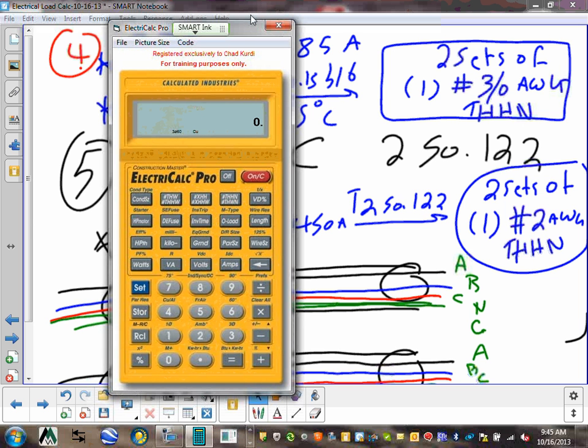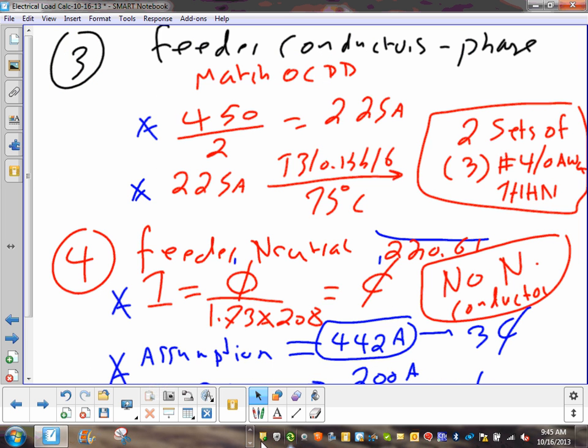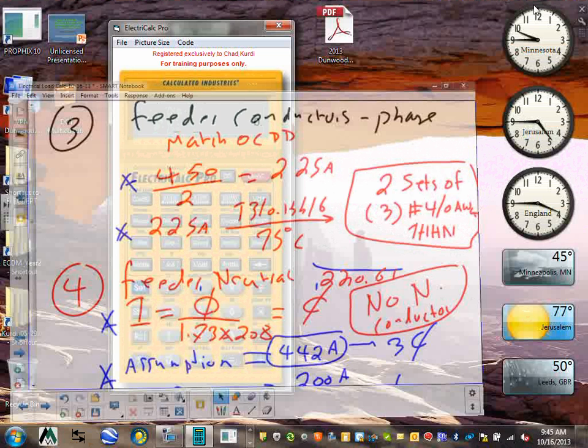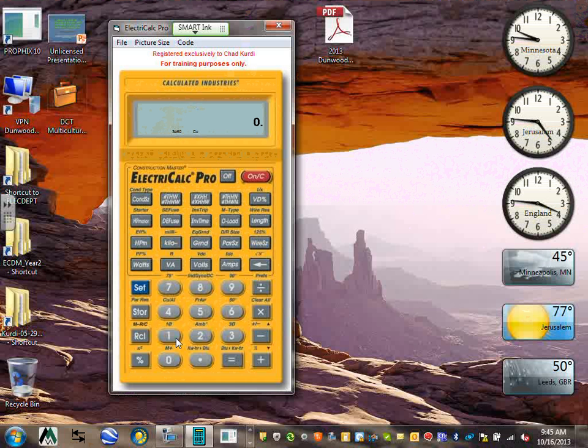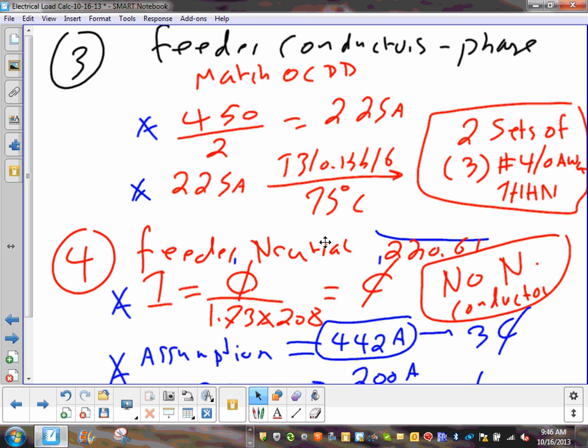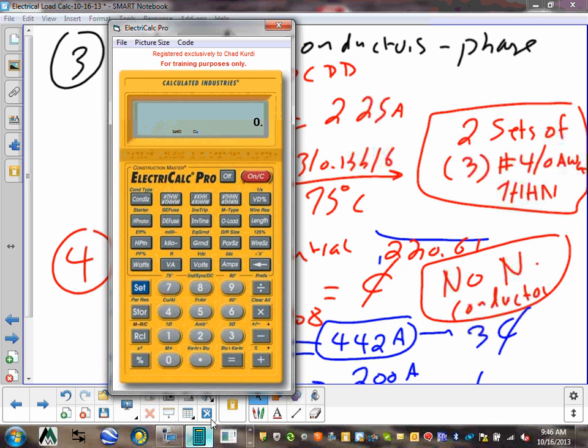Derek, what size phase? Okay, so the phases were 4-aught, right? So let's go sit myself here at 75. It doesn't matter here. Okay, so it's a 4-aught.